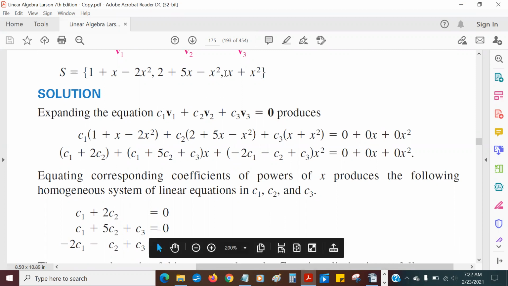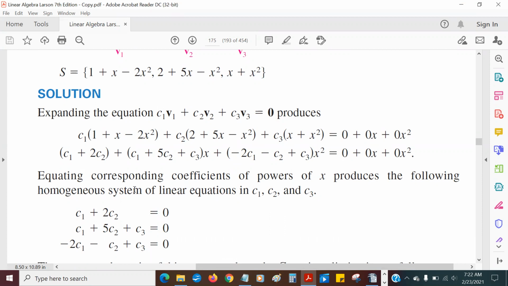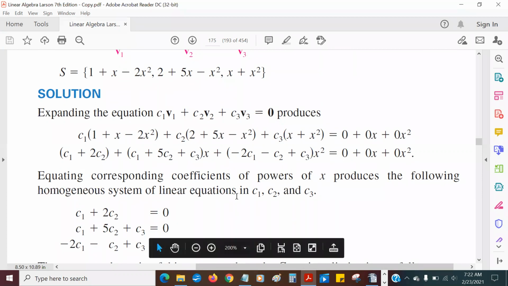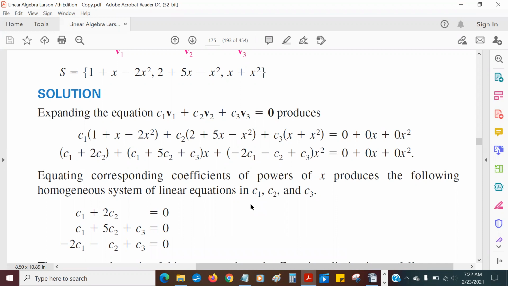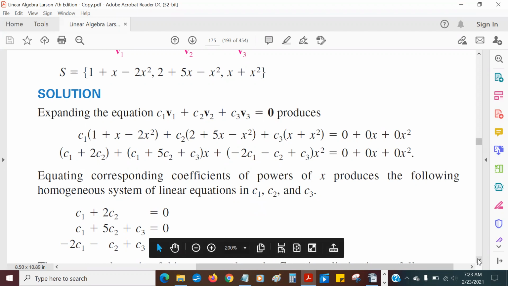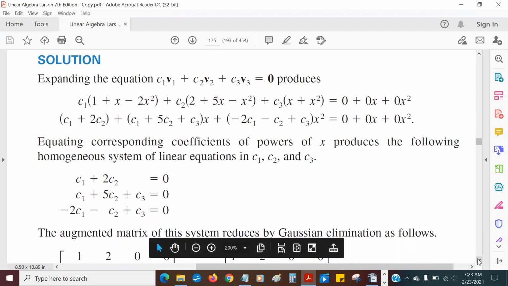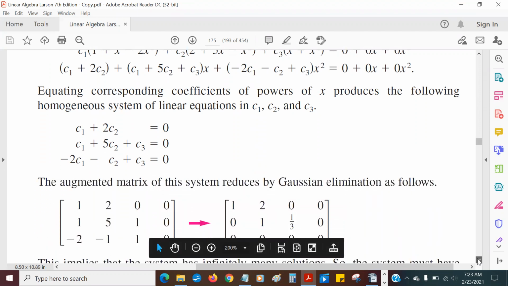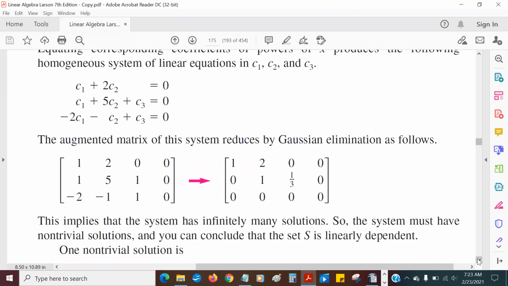In the third polynomial, I have a 0 constant plus a 1x and 1x squared, 0, 1, 1. Because if you think about a polynomial, these are analogous, very similar to an R3 vector. The coefficients of a quadratic are very similar to the components of an R3 vector. So anyways, here's the augmented matrix we get.